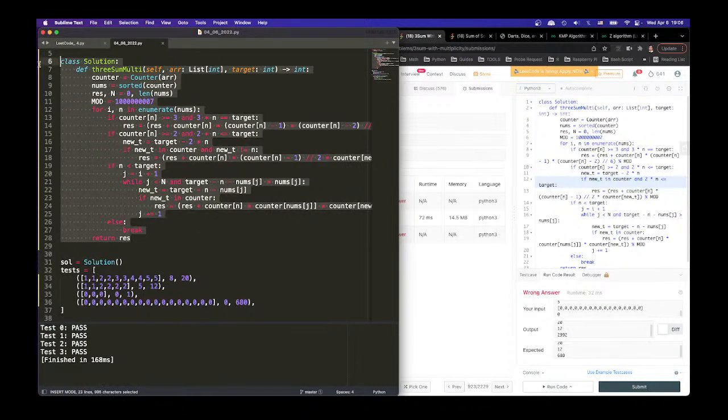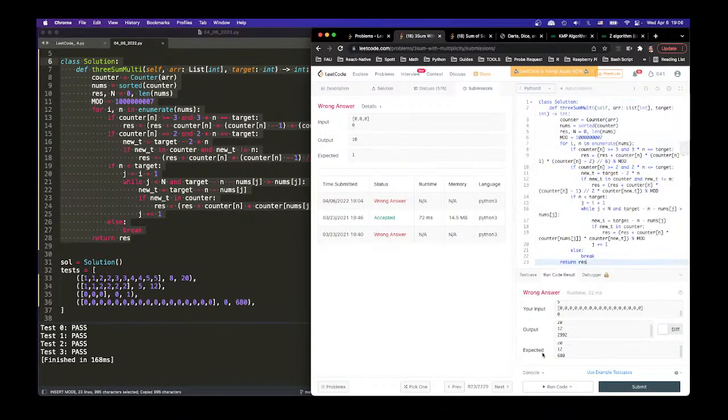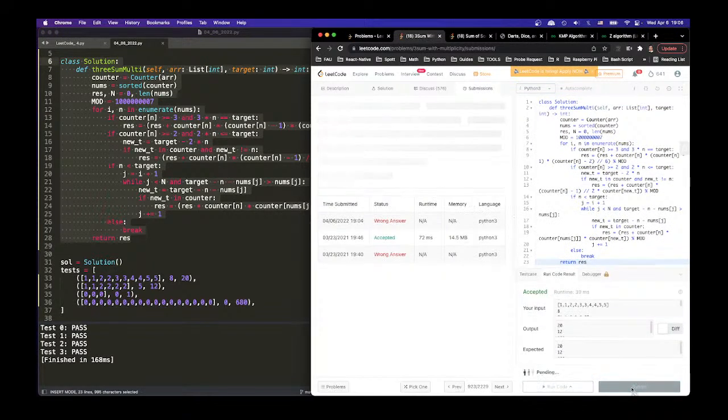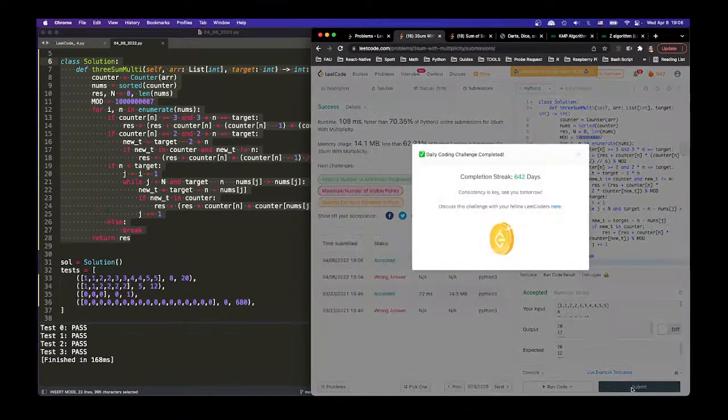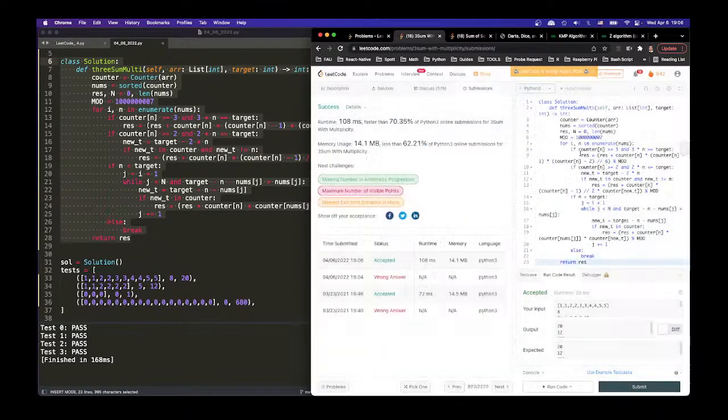Let me just copy and paste that. Must have changed the code in the wrong place. Yep. All right, try this one. There we go. So it's the same. I think I got the wrong answer last time in the same one. Let me just take a look. I got it last time.